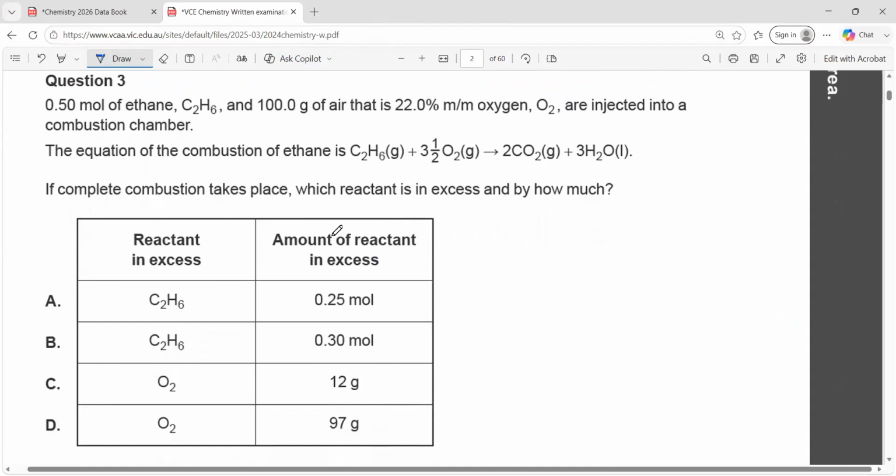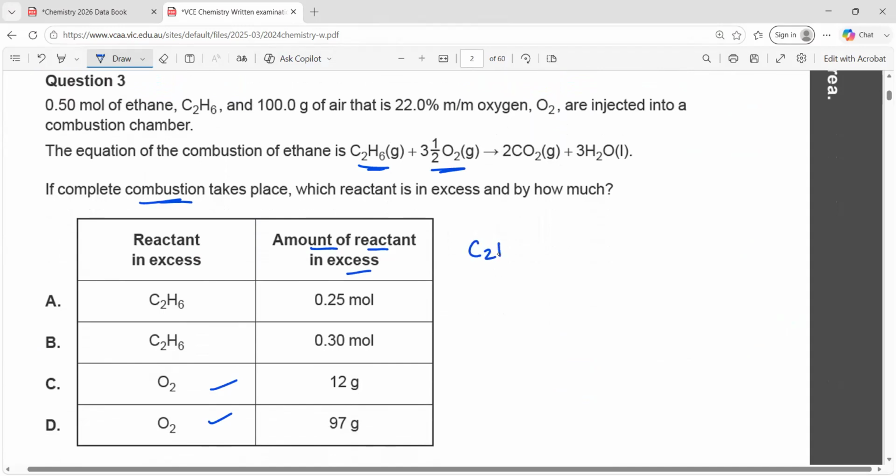If complete combustion takes place, basically it means that ethane is completely being combusted. It's completely reacting, which means that oxygen would be in excess. Okay, and the amount of reactant in excess. This feels annoying.